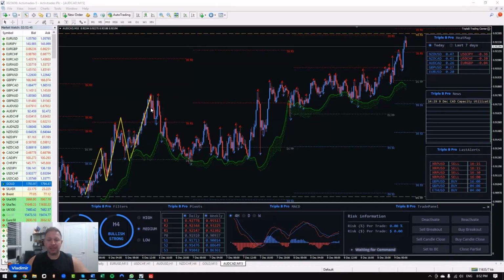What I will want next is the price to bounce back to the next supportive area, which in most cases would be the daily pivot. The daily pivot is here. The next day would be slightly higher, as you can see here. So I want the market to go back to this area, to the pivots, and bounce off.